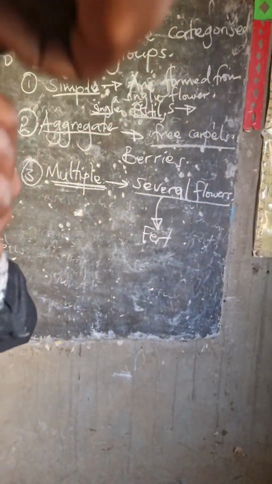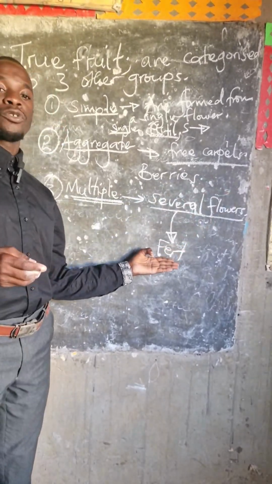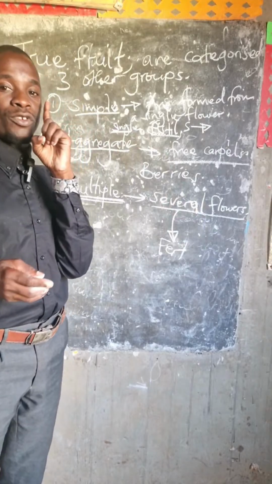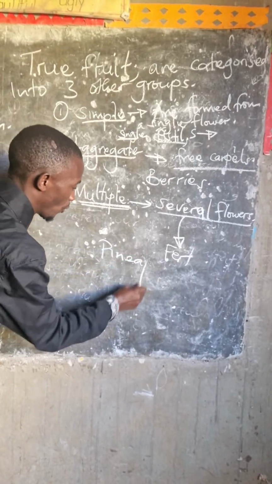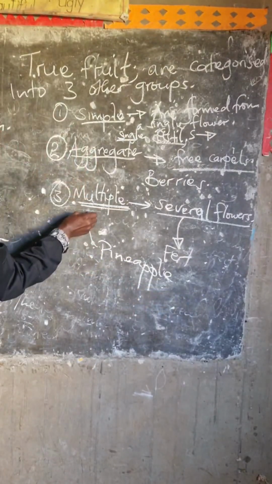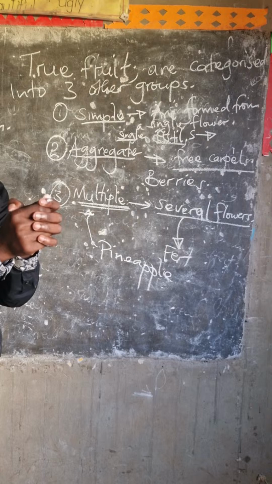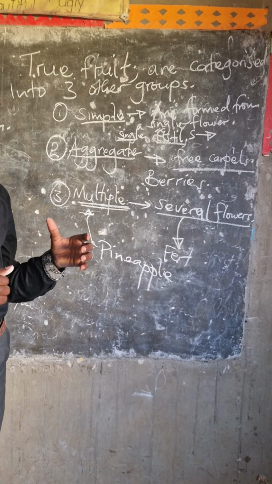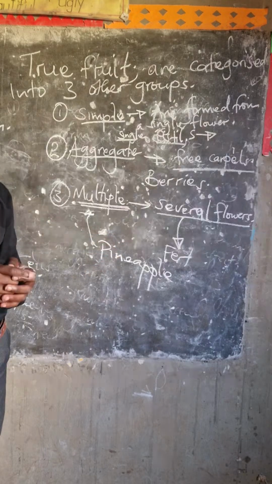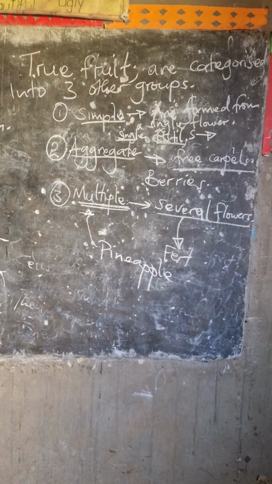Then the multiple fruits are made from several flowers whose ovaries fuse after fertilization to form a single fruit. We can give the example of a pineapple. A pineapple is a multiple fruit made up of several flowers which fuse to form a single fruit after fertilization. Yes, those are good examples. The legumes, all legumes, including Zaharanat, thanks for being active.